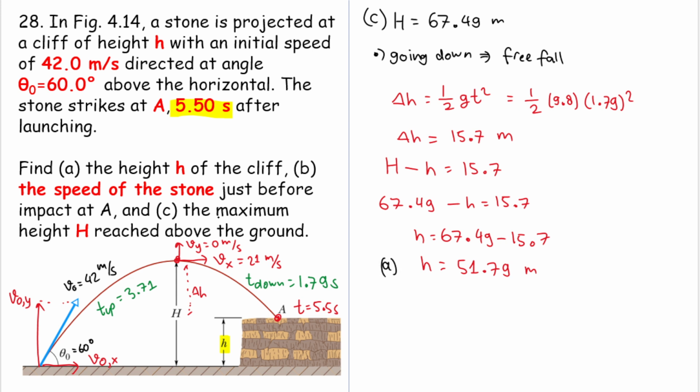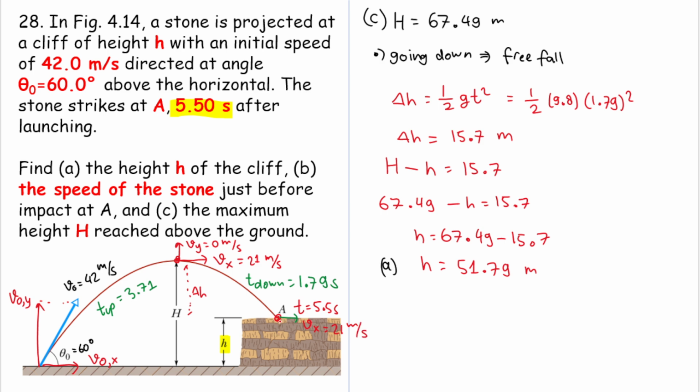Good. Now, what is the speed just before it touches the ground? Remember that the horizontal velocity is equal to the initial velocity. So Vx is still 21 meters per second.